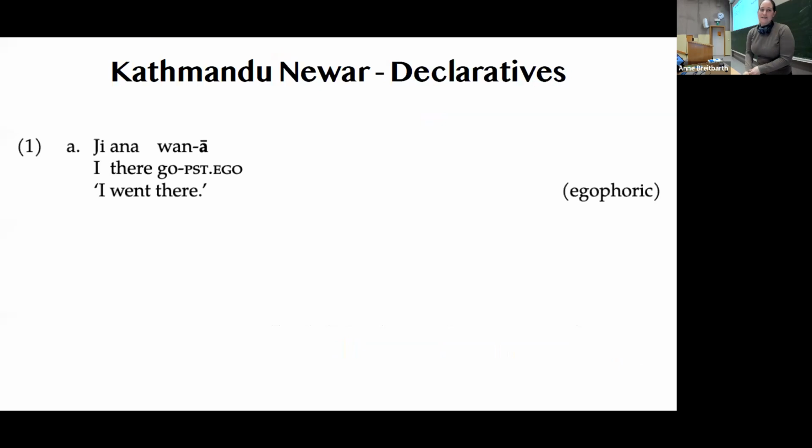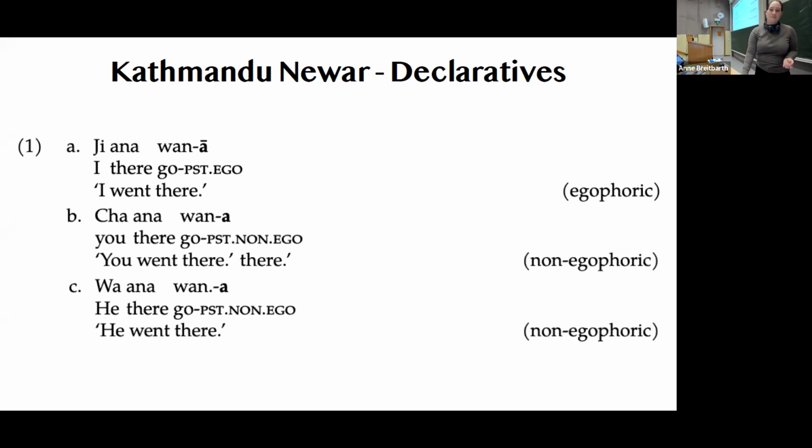So let's look at some of this data, because otherwise it's very mysterious. What is this egophoricity? So for instance, in Kathmandu Newar declarative clauses, you can have a long A: "I went there," di ana wana, and the go here is 1, and then you have a past egophoric mark, and that is a long A. So this is used for when you want to express something that you did.